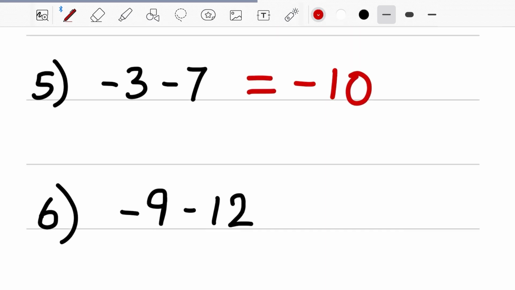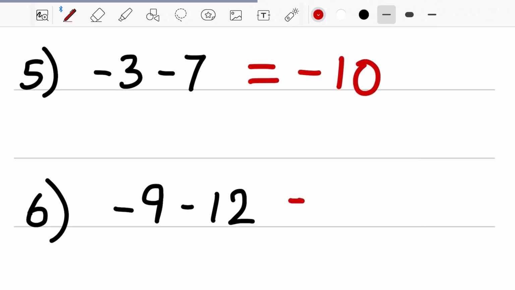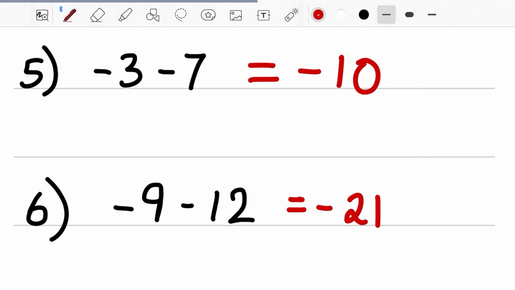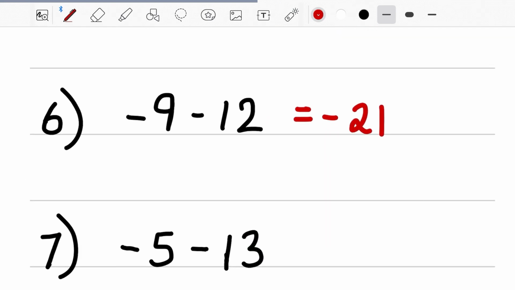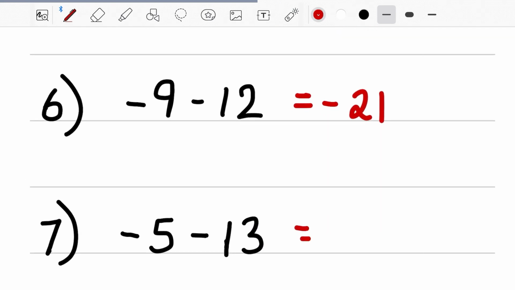Question 6, we also have two negative numbers. So minus 9 minus 12. Again, we'll add 9 plus 12 is 21. However, your answer is negative since both minus 9 and minus 12 are negative. For question 7, we have minus 5 minus 13.